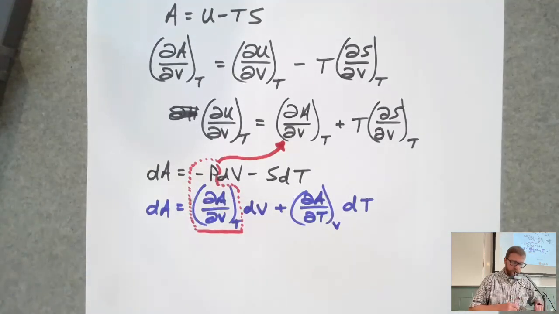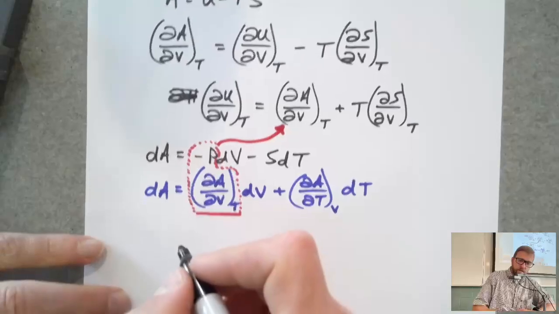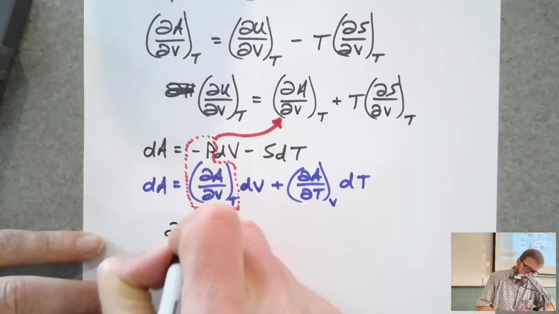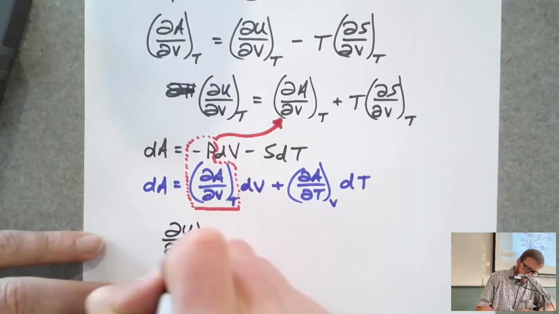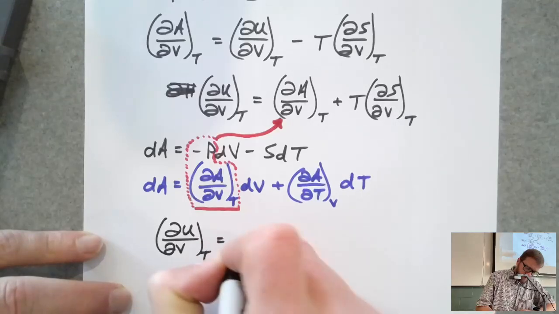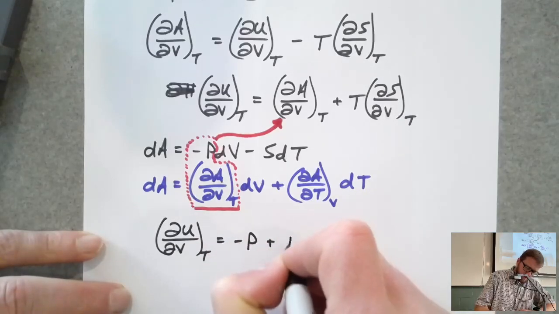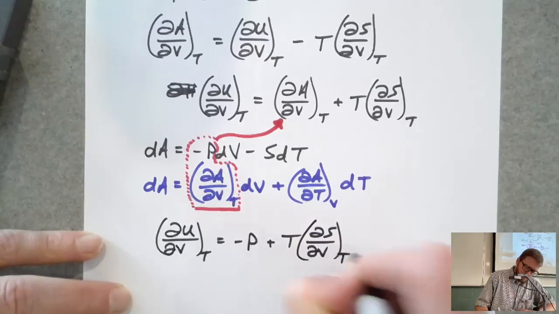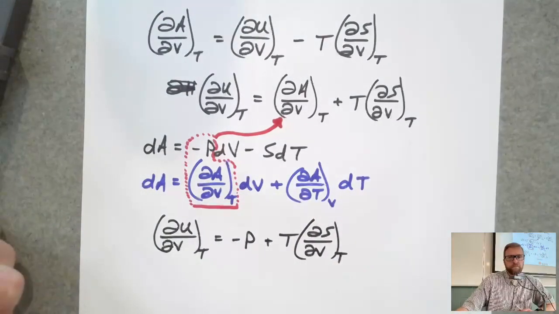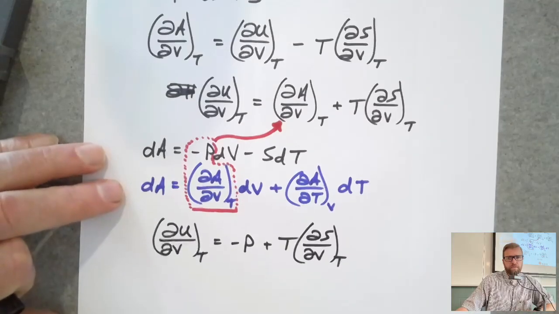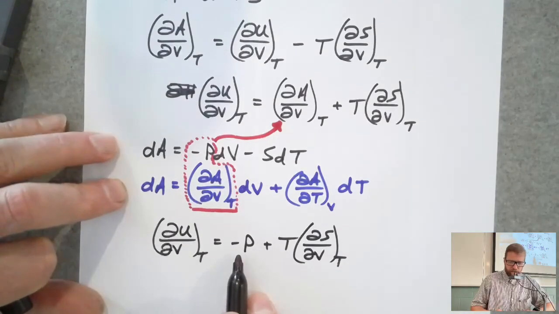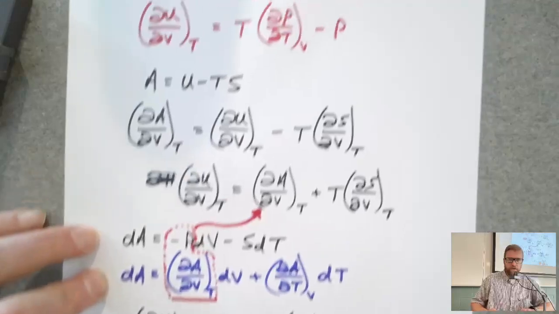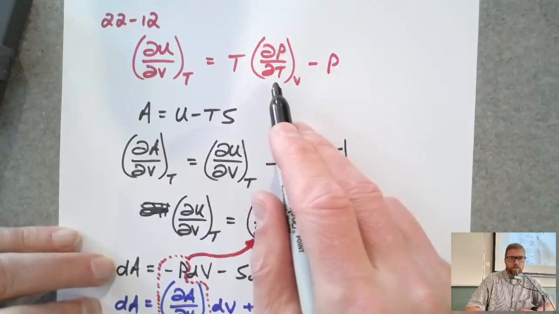So our equation now reads this. We're close now. We've got negative P, a T, and then something else, but I want it to look like this.